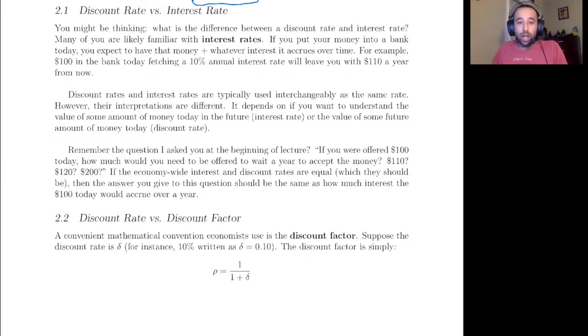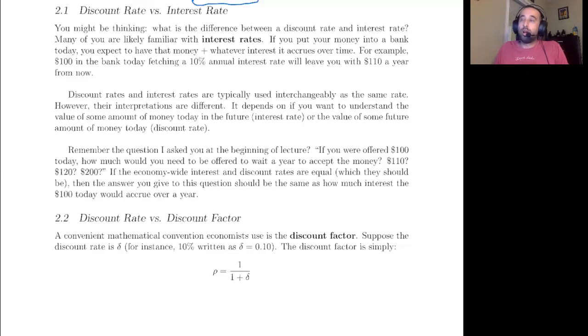If you remember the question I asked you at the beginning of the first video of this lecture: if you were offered $100 today, how much would you need to be offered to wait a year to accept the money? $110, $120, $200? If the economy-wide interest and discount rates are equal, which they should be, then the answer you give to this question should be the same as how much interest the $100 today would accrue over a year.